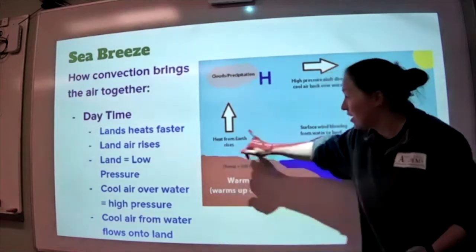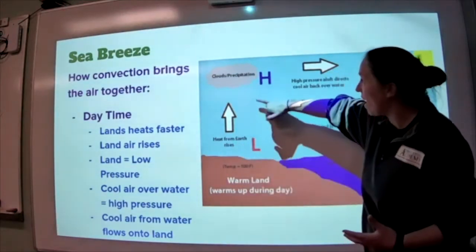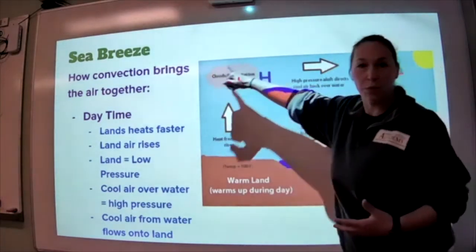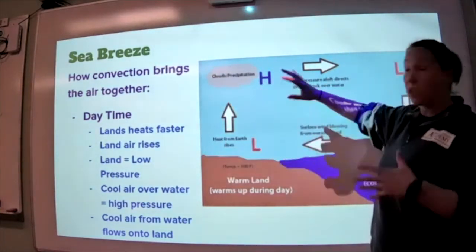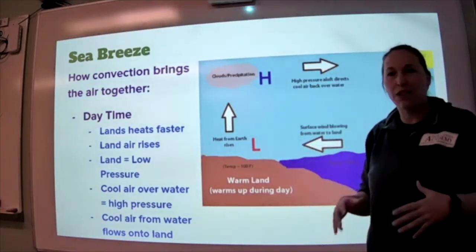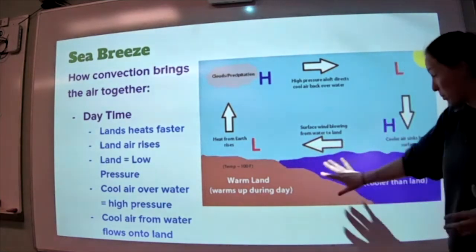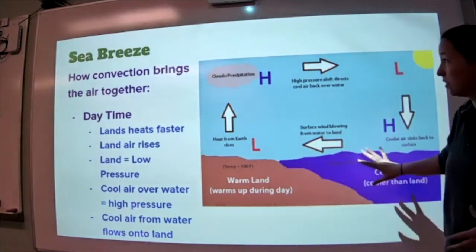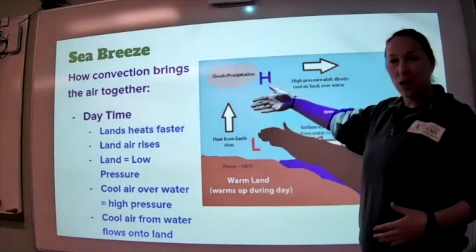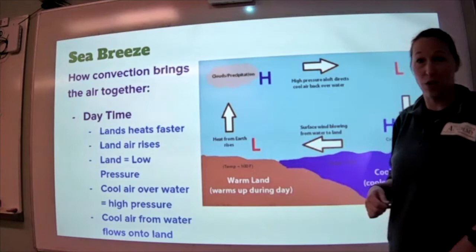That's because as the land heats up more and more throughout the day, that hot air rises up, causing clouds and precipitation. So usually in the afternoon, that's when you see storms start to roll in, maybe some rain clouds, especially if you're in a coastal area. Not necessarily in the middle of land, but if you're near a large body of water, you see that hot air rising in the afternoon, boom, you get clouds, maybe even some precipitation.